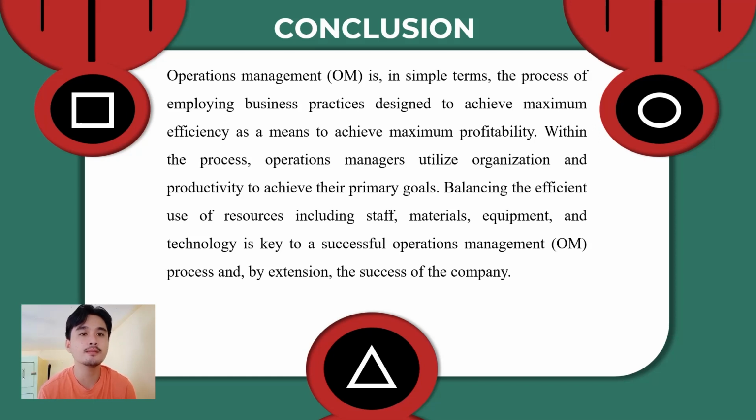So within the process, operations managers utilize organization and productivity to achieve their primary goals. Balancing the different use of resources, including staff, materials, equipment, and technology, is key to a successful operations management or OM process, and by extension, the success of the company.